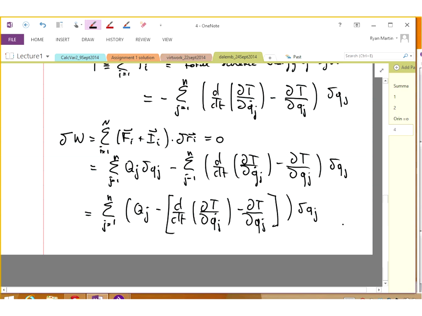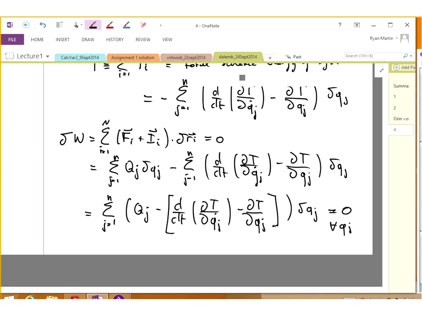So now this must equal 0 for all qj. And since the qj's can be varied independently of each other, that means the term in parentheses must be 0.